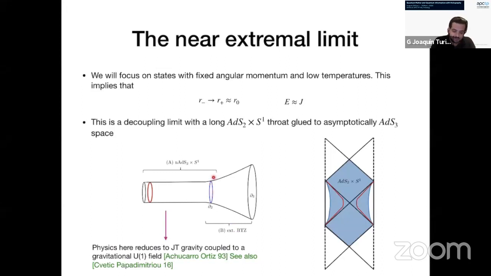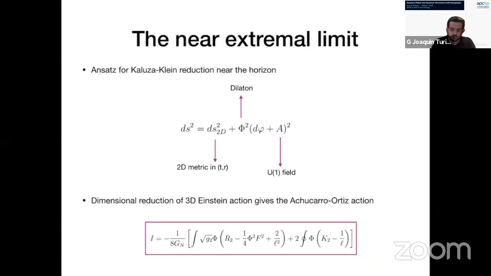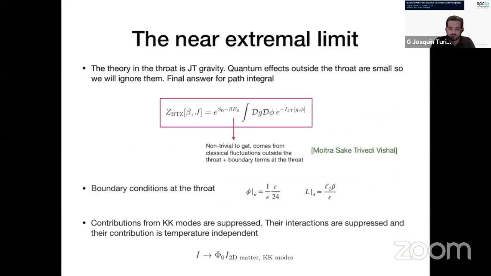So there is a region here of overlap of the AdS2 cross S1 geometry with the BTZ geometry, the 3D one with the extremal answer. So we will put a cutoff here where we glue, and the answer will be independent of the precise position. And in 2D, this is the fact that the partition function is independent of epsilon, and it depends only on the renormalized values.